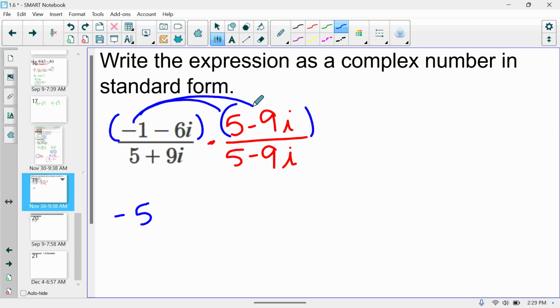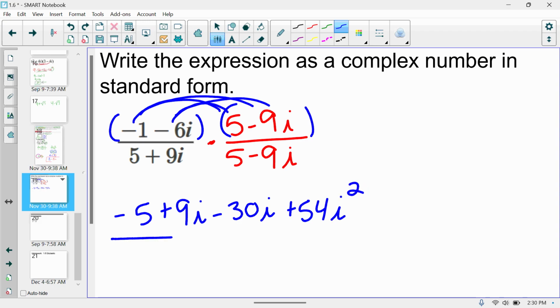Outer, negative 1 times negative 9i is positive 9i. Inner, negative 6i times 5 is negative 30i. And then last, negative 6i times negative 9i. Think about it in pieces. The negative 6 times the negative 9 is positive 54. i times i is i squared.